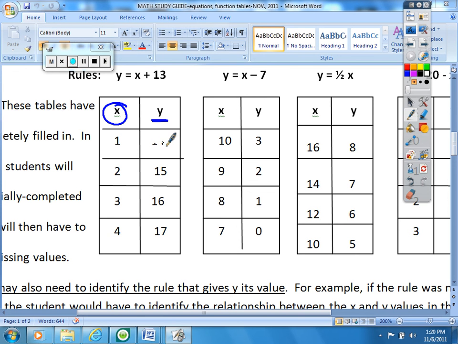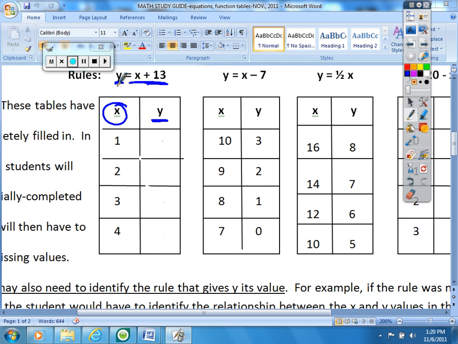I'm going to get rid of these. They're gone. Okay, what if I don't know y? Well, I do know x, and I do know that if I do something to x, I'm going to get y. And in this particular problem, if I add 13 to whatever x is, I'm going to find out what y is.